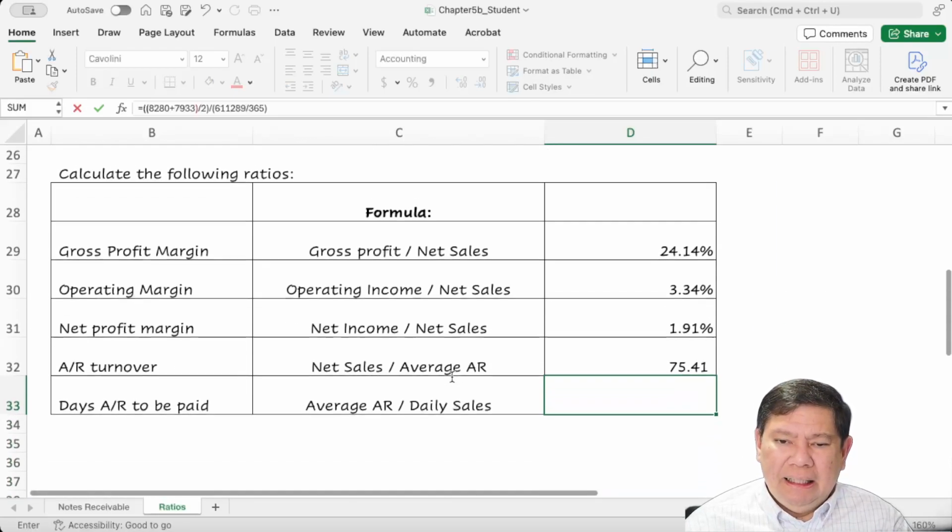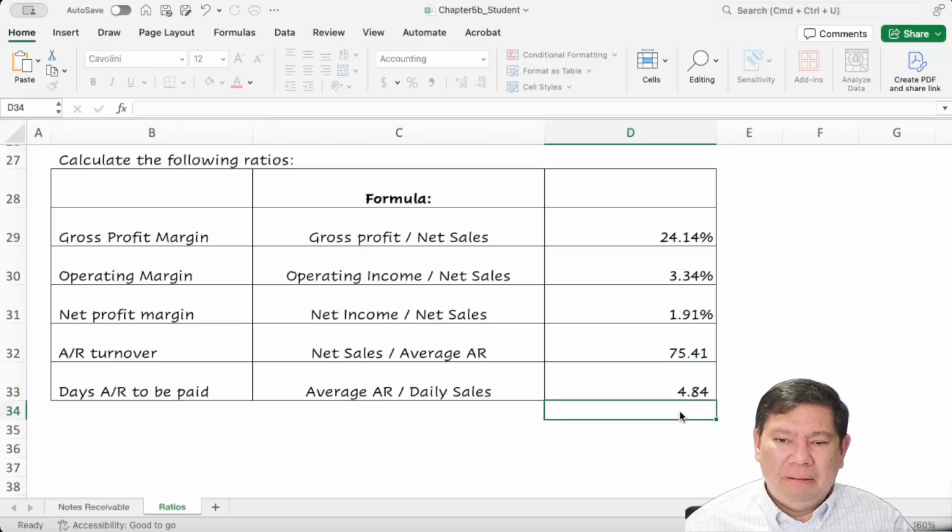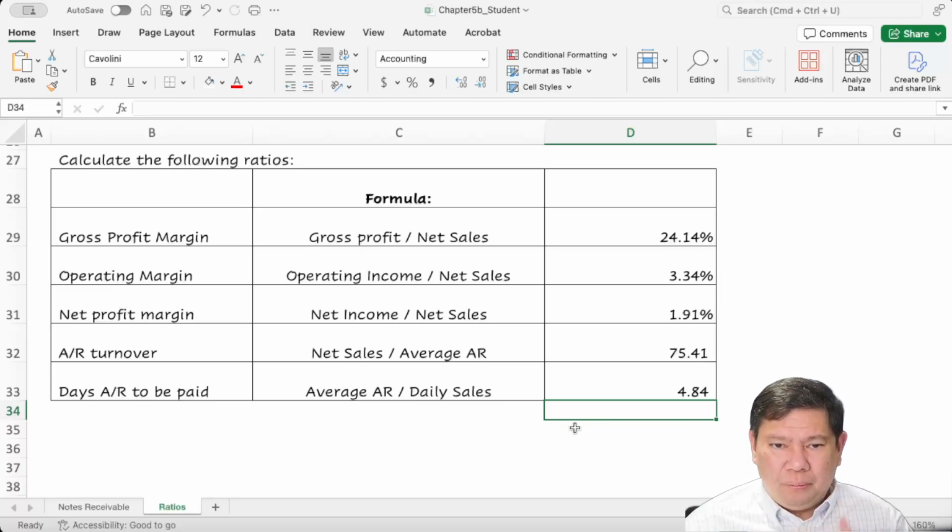Okay, so that's the calculation. Average accounts receivables is 8280 plus 7933 divided by 2, and the daily sales is total sales 611,289 divided by 365. Okay, so we get 4.84 days for the company to collect its accounts receivables.